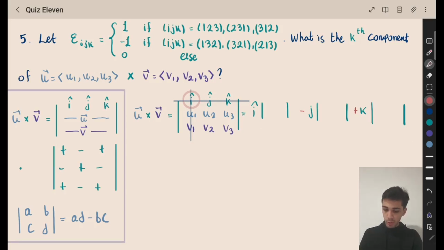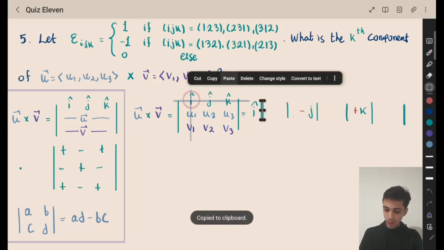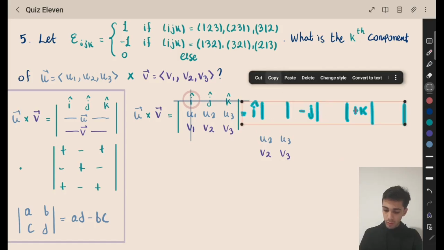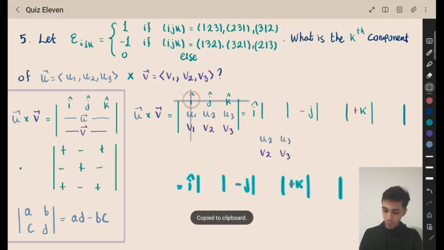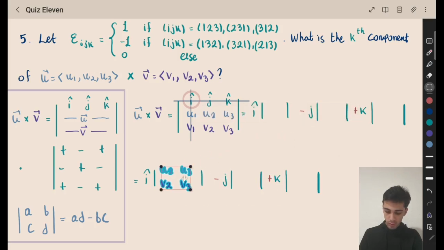So here for i I do this, and I see I have these two. So I'll do a very nice thing. I'll copy them as they are. This would require a little bit more space, which is possible, I think.